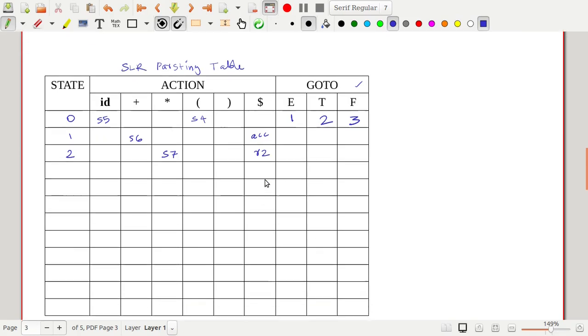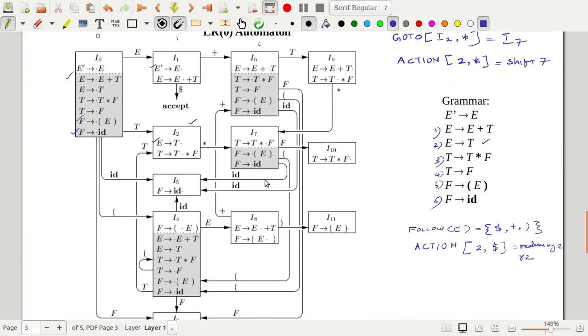Then next symbol within the follow is plus, so action of 2 comma plus is equal to same, reduced by 2, so we can write R2 itself, R2.